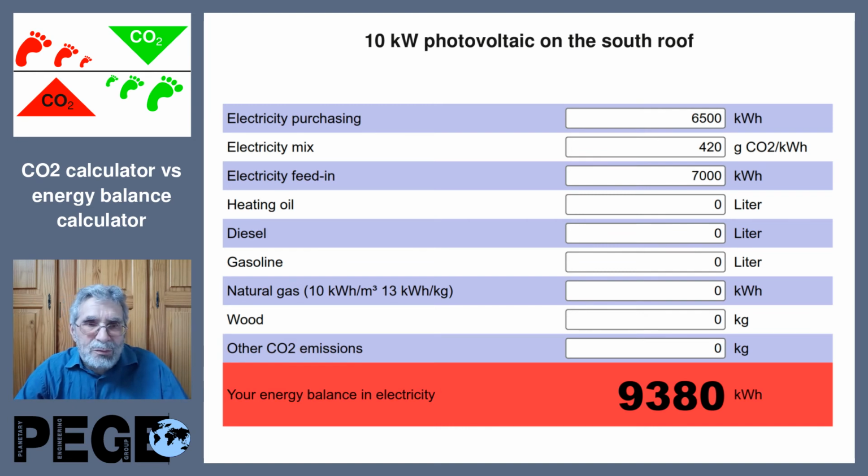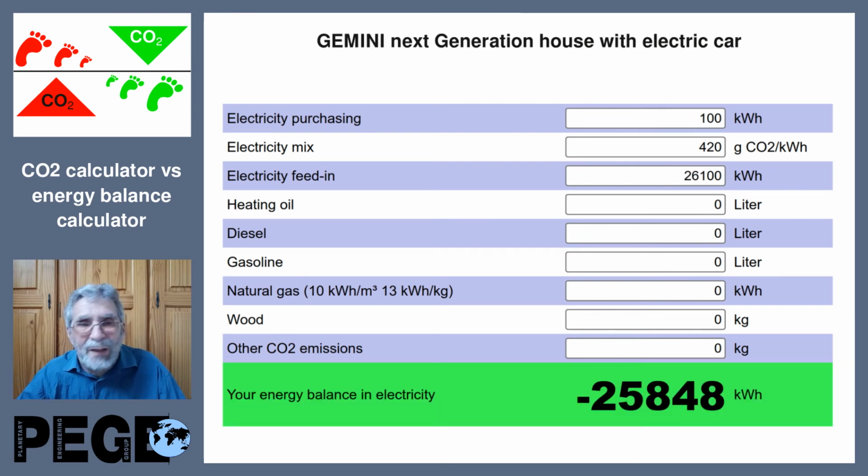Good organized, 30% of the electricity from the sun is used by ourselves, but this gives also an energy balance of 9,380 kilowatt hours.